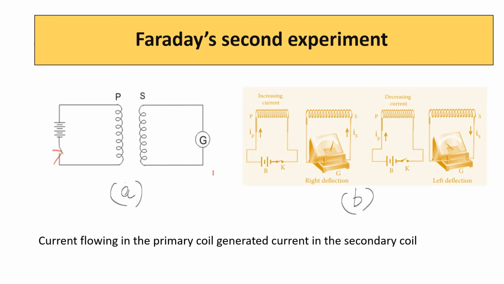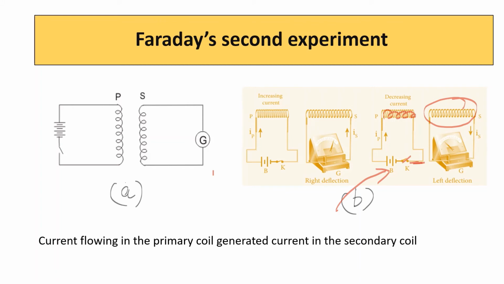After some time, the current through the primary coil becomes steady. Then its magnetic field also becomes steady and the current in the secondary coil stops. When the key is open, look at this diagram. The key is open. Therefore, no current flows through the primary coil. Then the magnetic field stops quickly.